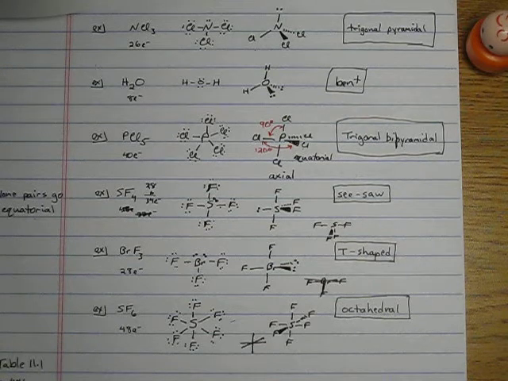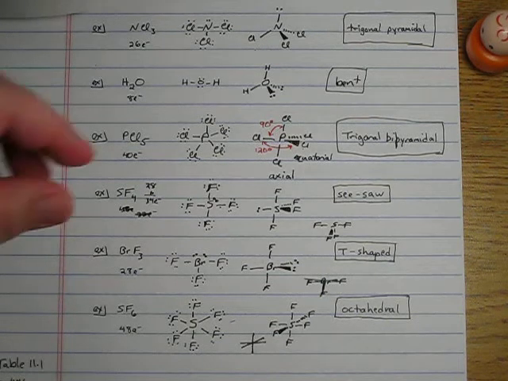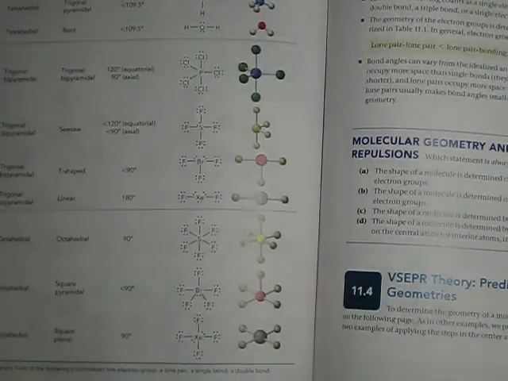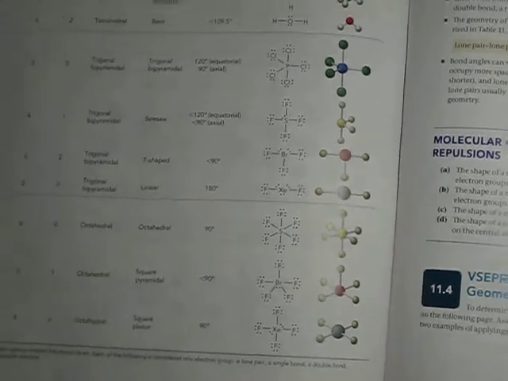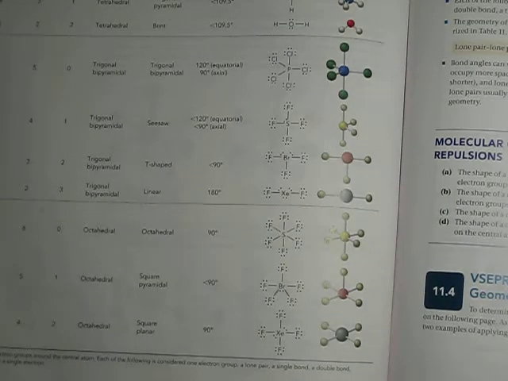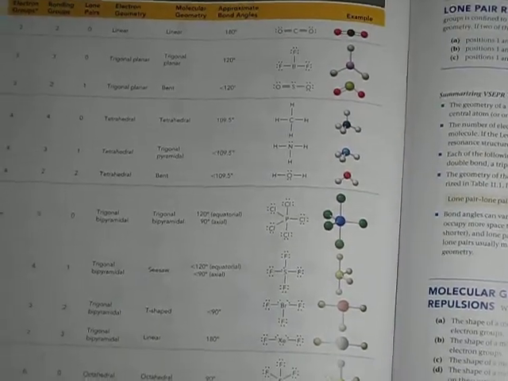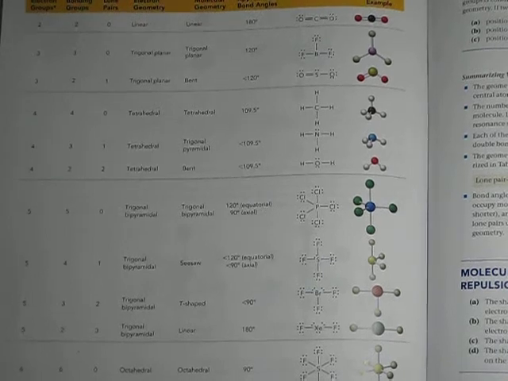Okay. So in your book on page 446 is a nice huge table that has a couple more geometries that I'm afraid you're going to need to know, but it covers a lot that we have covered over these last couple videos, and gives some example molecules.